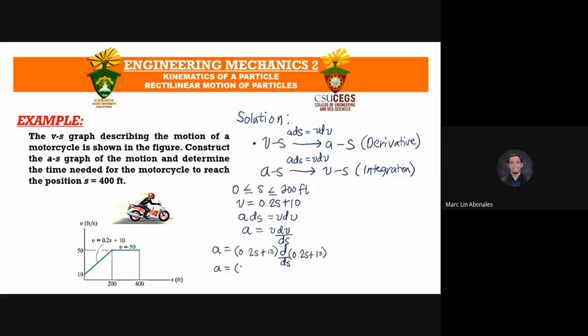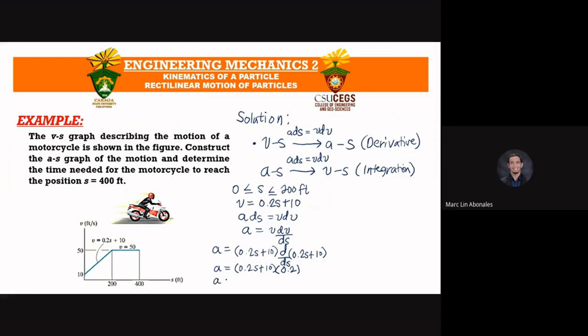So that is 0.2s plus 10, and the derivative is 0.2 plus 0, since 10 is a constant, and we just multiply the 0.2 to each term.